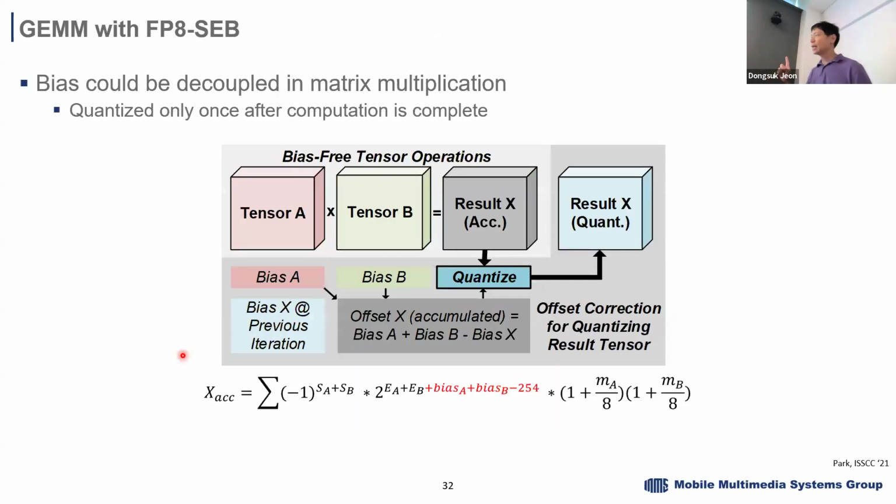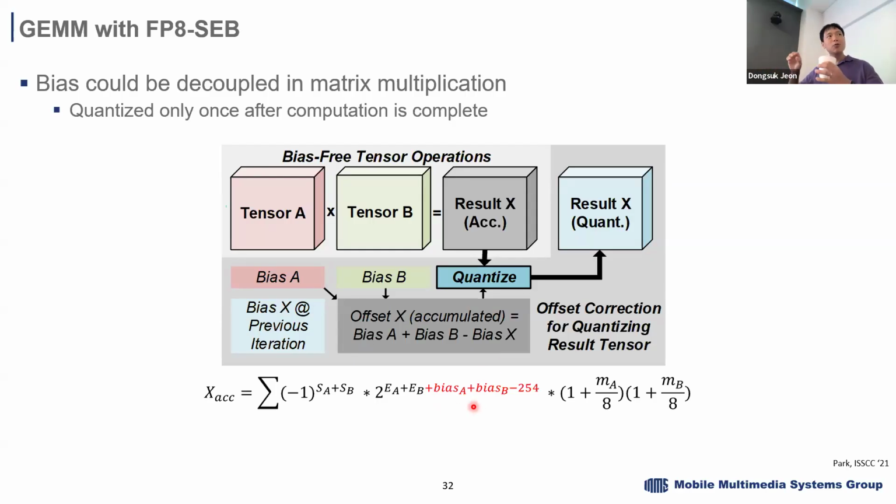Another good thing is that even if we add this shared exponent bias, the computation itself does not change at all. Let's say we are trying to multiply these two tensors together, then they will have their own shared exponent bias values, right? And they are expressed as these bias terms here.